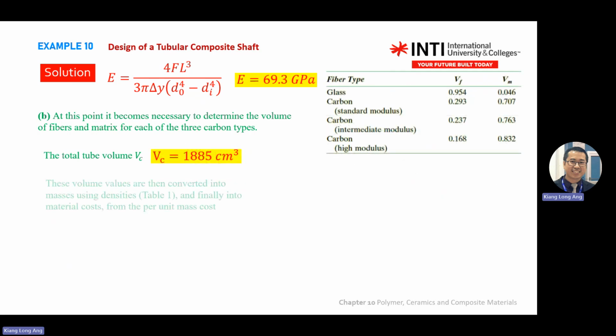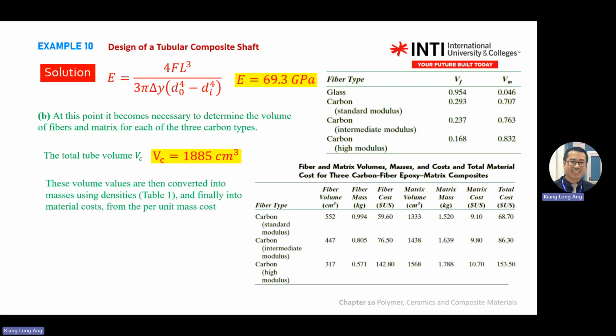Okay. So this fraction you convert into cost. So fiber, how many cm cube? You have, for example, 95% multiply 0.954 multiply this one, you get this number. So there is a fiber mass price. This one multiply this one, you get this one. Then the same 0.46 multiply this one, you get this one.